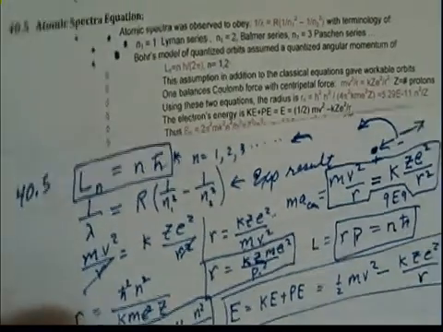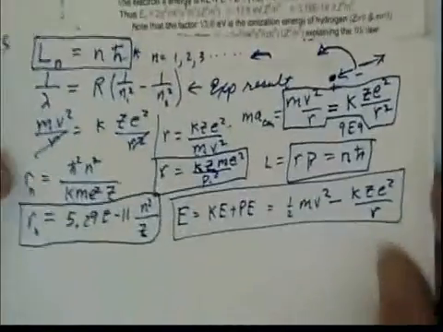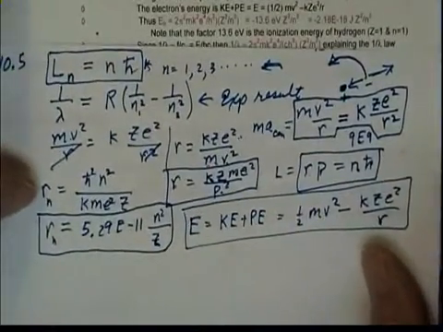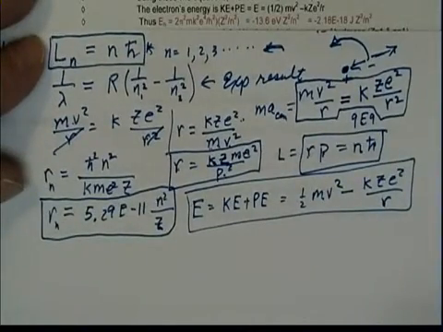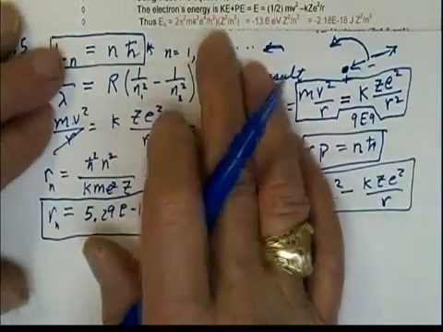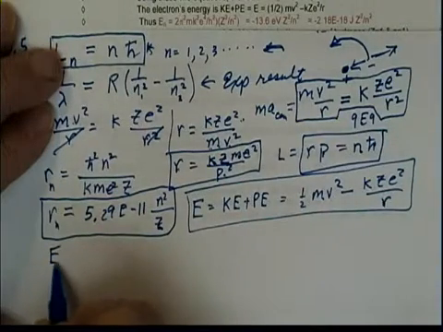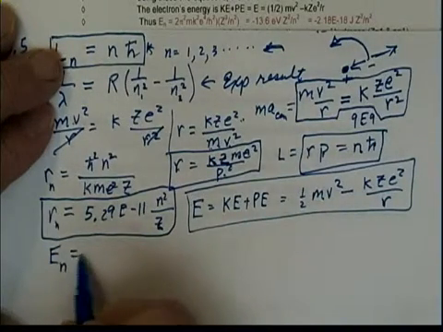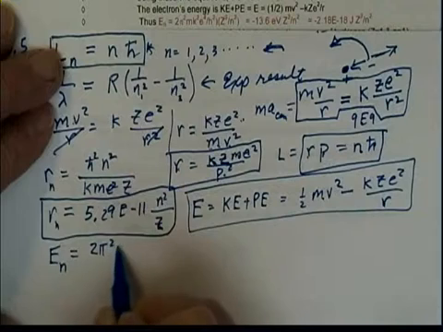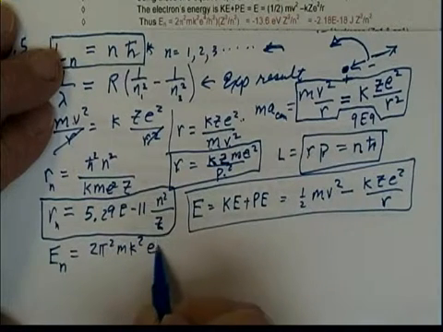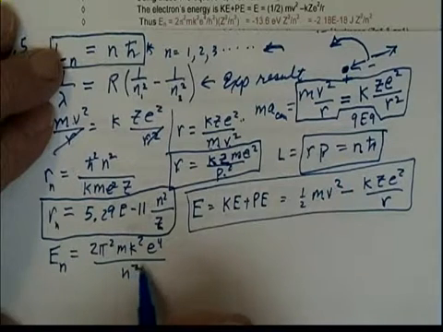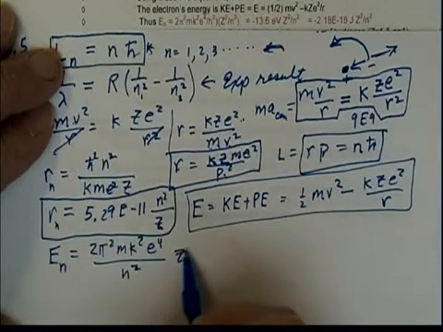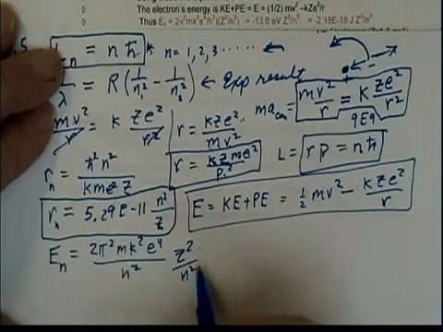Let me move this paper up a little. And one can determine from this equation right here that the nth electronic orbit is 2 pi squared m k squared e to the 4th over h squared, that's not h bar now, times Z squared over n squared.